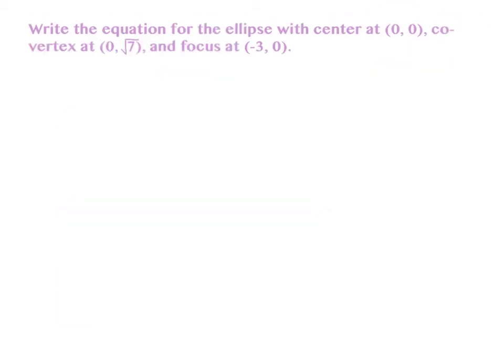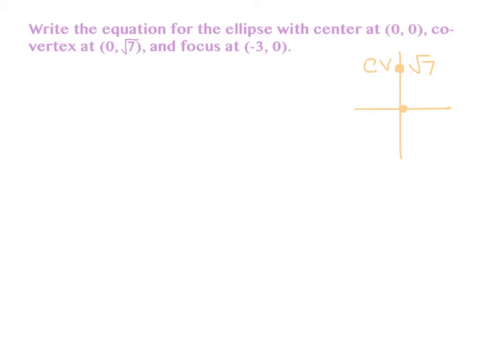And one more example, we're going to write the equation for the ellipse with the center at 0, 0, co-vertex at 0, square root 7, and focus at -3, 0. So if we sketch this out, our center's at 0, 0. The co-vertex is at 0, square root of 7. So that's a co-vertex this time, and it's the square root of 7 here.